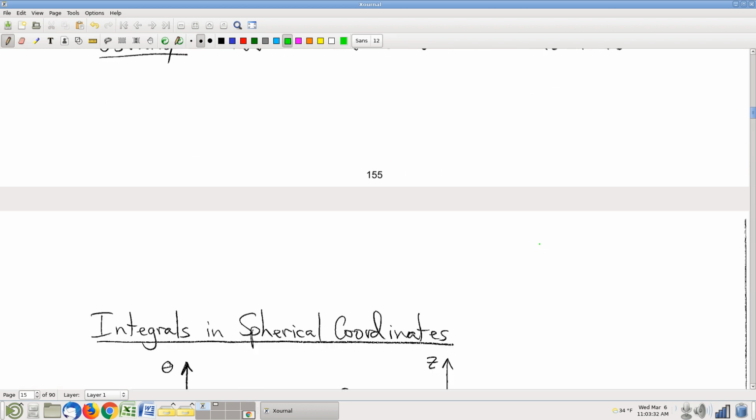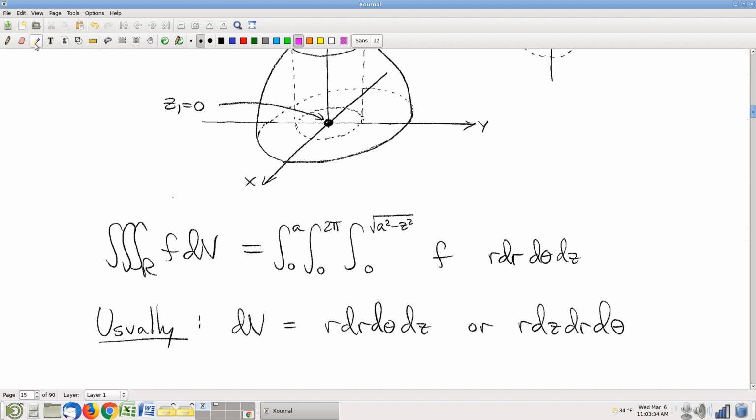Okie dokie. So good news. Of these 6 different choices of how you might slice, it turns out there's really only 2 that you ever need. The way to remember what they are is always keep R and theta together and in the order we've already agreed to. In other words, always put dr inside of the d theta and immediately to the inside.